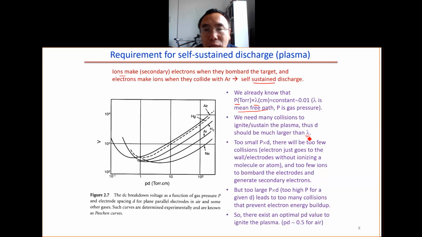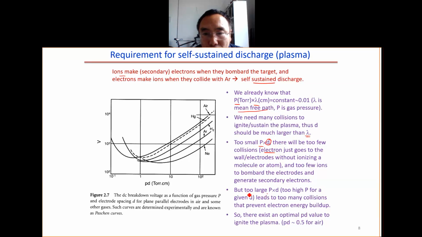Too small a distance, there will be too few collisions because electrons just get lost, go to the wall or electrode without ionizing a molecule or atom. And there will also be too few ions to bombard the electrodes and generate secondary electrons. So PD cannot be too small, because if so, the electrons will get lost to the electrode.